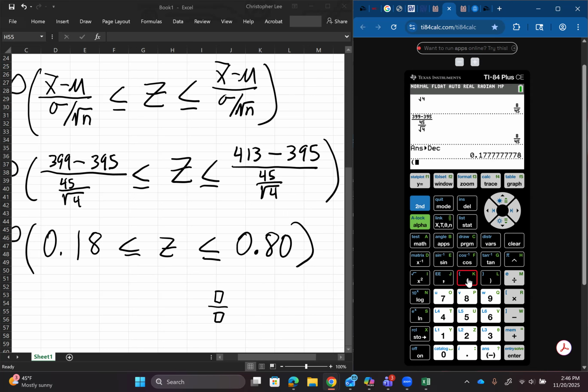Open parentheses, 399 minus 395, close parentheses, divide, open parentheses again, 45, divide, second square root, 4, come out the square root, and then close parentheses. That's how you type it in your calculator. Then you click enter and you get it.